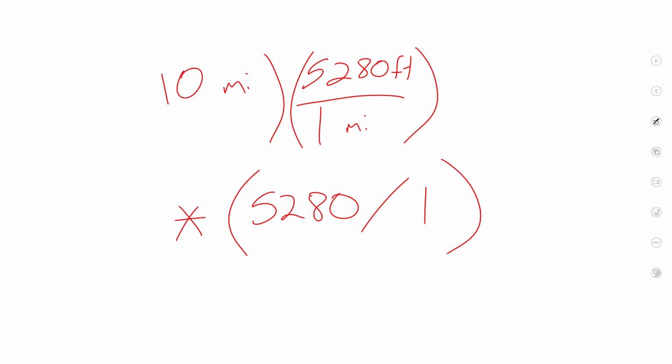If you just wanted to type it out long ways for every single one of your conversion factors, that won't steer you wrong. It's just a lot of extra typing on your calculator. So instead you can just say 10 times 5,280. That just saves you some time, that's all. More practice with that as we get going.